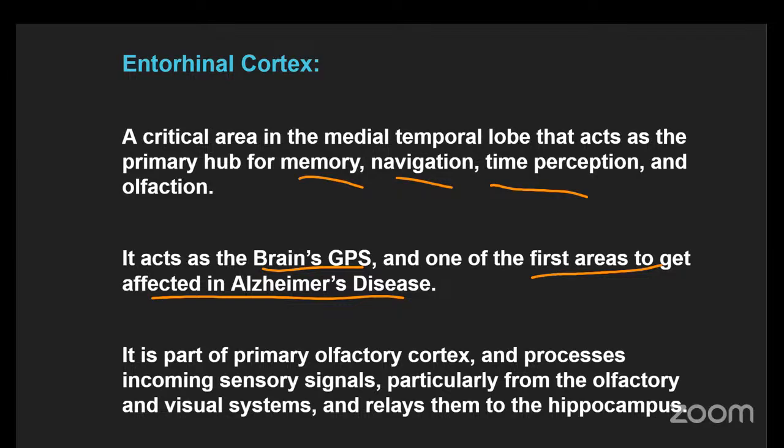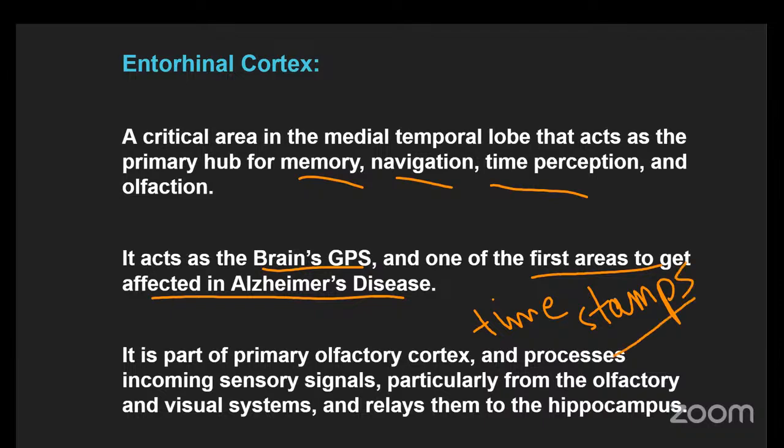Because it closely works with both the memory systems and the smell systems. So, the thing that happens when you smell a certain perfume or a certain smell, and it reminds you of someone or it reminds you of a specific time or a date, then that is your entorhinal cortex working. And it creates timestamps, is a very interesting word.